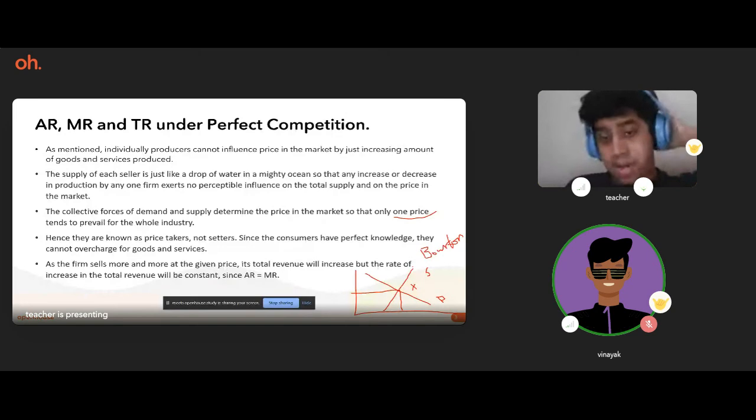So that itself is how these firms become price takers, and they cannot increase the price, because if, for example, Britannia increases the price of their bourbon biscuits, what will happen? Consumers will go to Dukes and purchase it from Dukes, because Dukes is offering a much cheaper price for the same thing essentially.